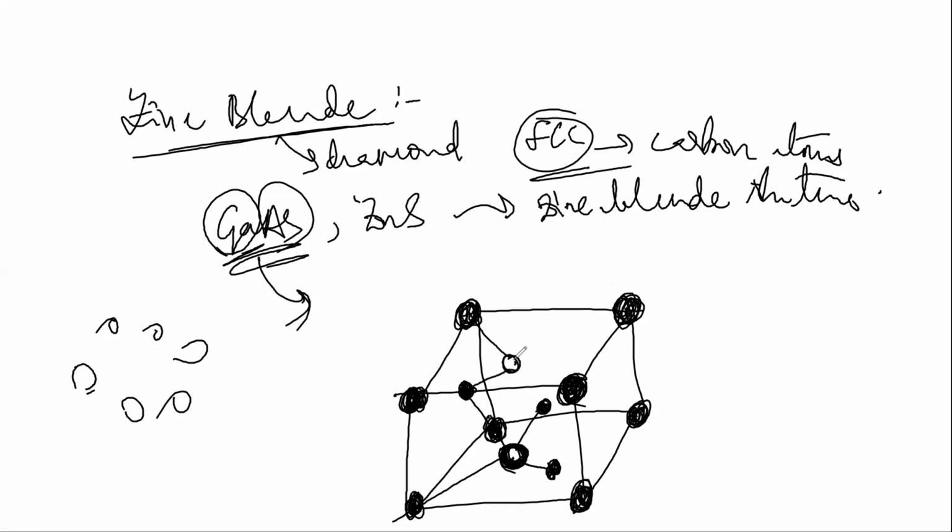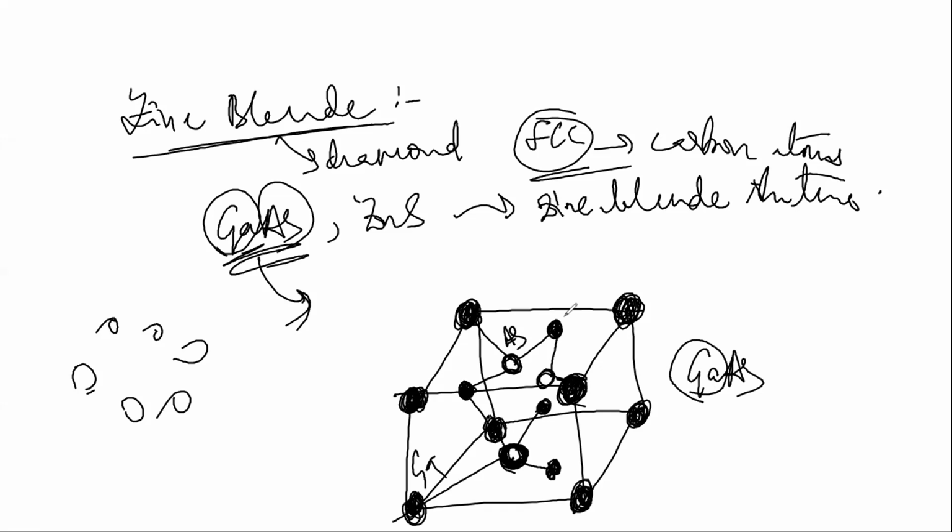The atoms of the same element are not directly linked; they are linked by the other type of atom. If my gallium is this one, then arsenic would be this one. In this way, we have the crystal structure of the zinc blend structure. So this is one of the examples you can quote there.